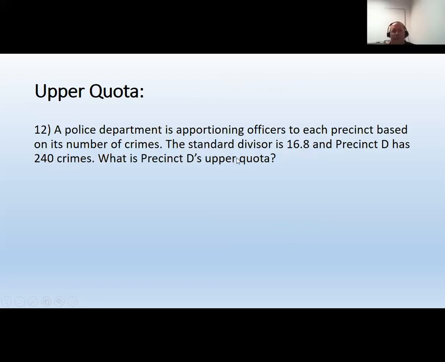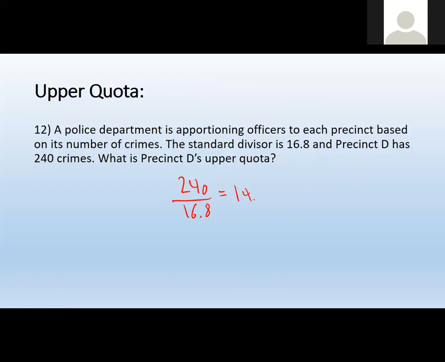Since we're dealing with a standard divisor, this is Hamilton's method, but you actually want to take the number of crimes, which is 240, and divide by the standard divisor. What do you get when you divide that? Anybody? 14.28. Now the question is, what's the upper quota if you have a 14.28 standard quota?